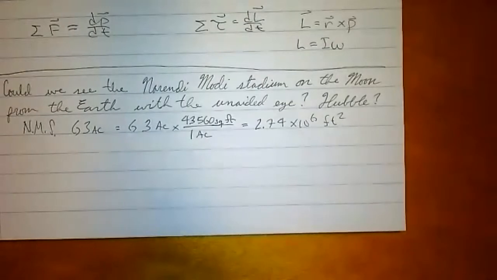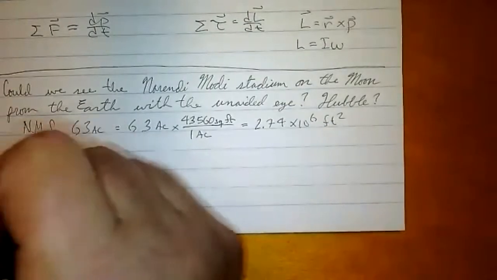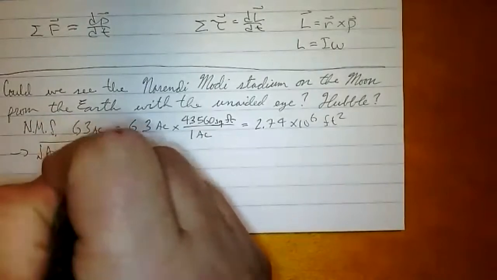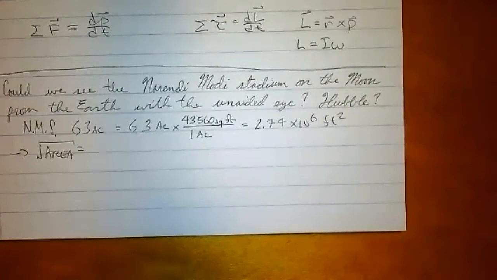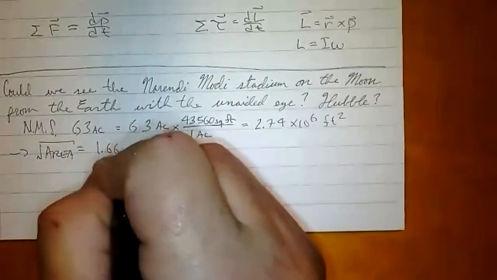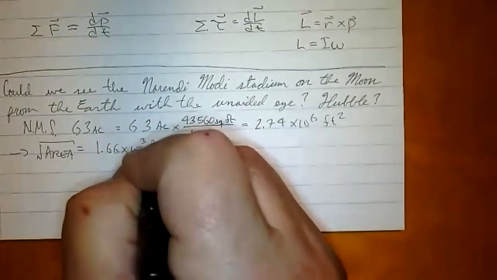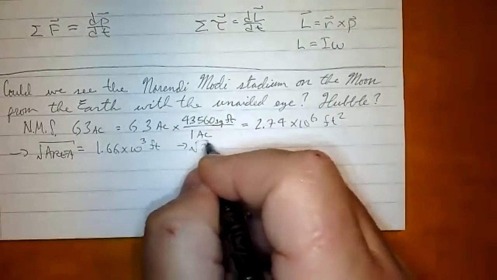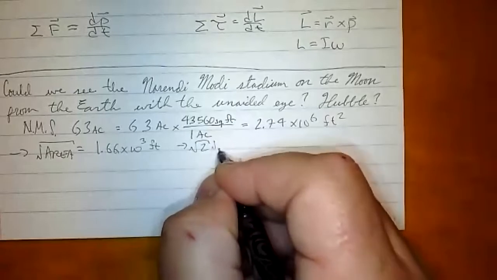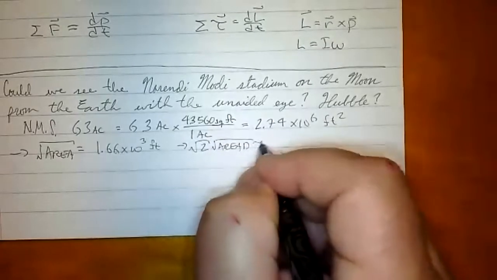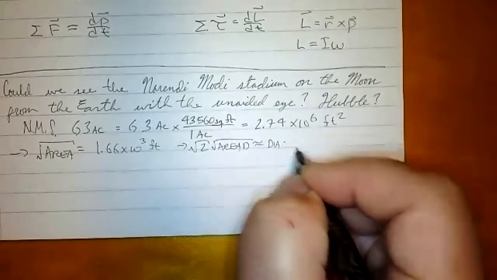So I'll take the square root of this, and I get 1.66 times 10 to the 3rd feet. And then I'll do square root of 2 times the square root of the area. And that should give me roughly the diagonal, the biggest dimension, in other words.